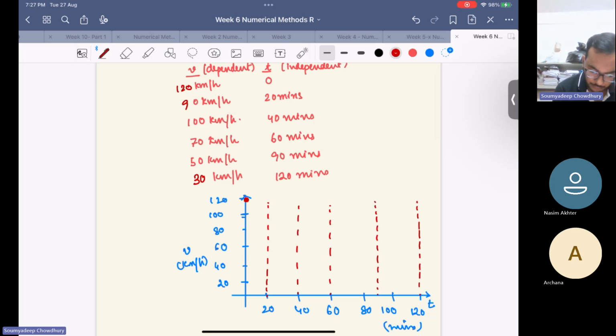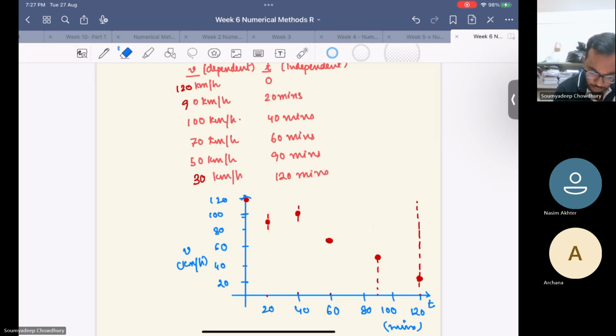If you do 120, 20, it's 90, 40, it is 100. At 60, it is 70 kilometers per hour. At 90, it is 50. So suppose these are your points, right? So these are your points.